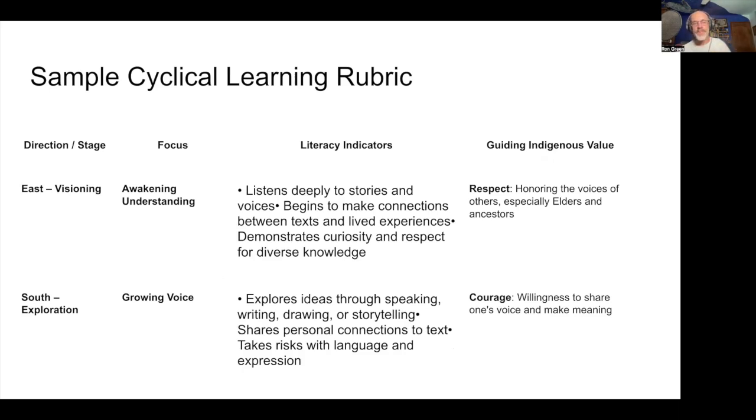So let's say that this model is going to have four stages, right? To make it easy to remember, we're going to say what other sets of four exist in our culture that are very easy to remember.